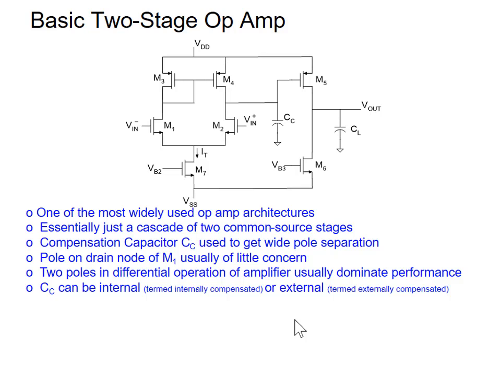Yes? If you use the voltage source bias for the tail, does that get rid of a pole? Good question. We haven't talked about the common mode gain of this yet. There's a capacitor on this node too, but that voltage is at 0 volts in the differential excitation.